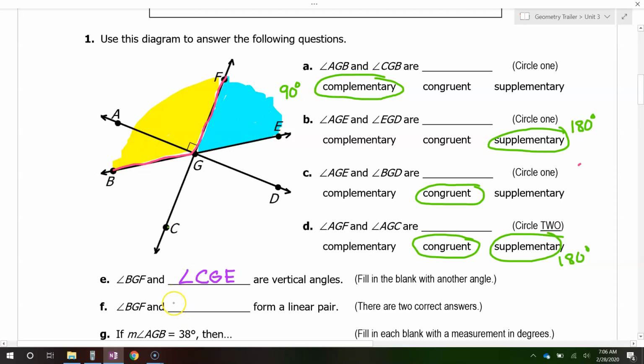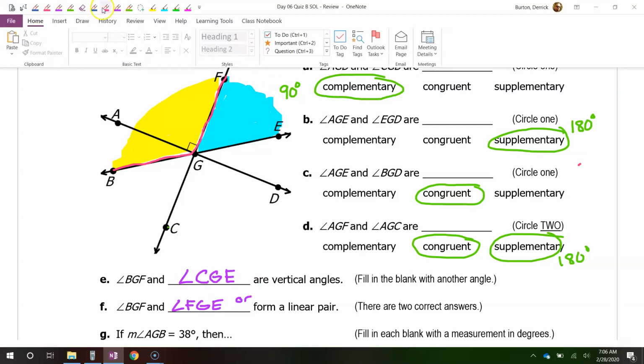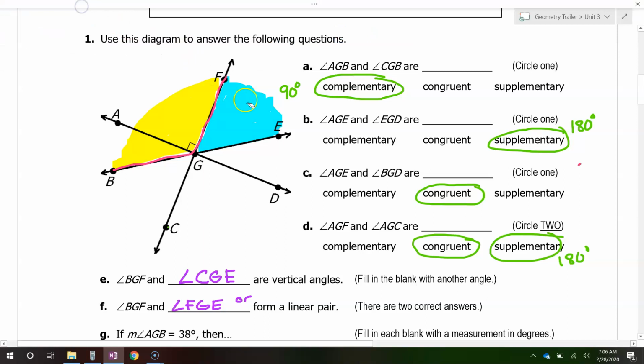So I could say angle FGE. Okay, or I could make the straight line on the opposite side. So I could come over here and do this angle.